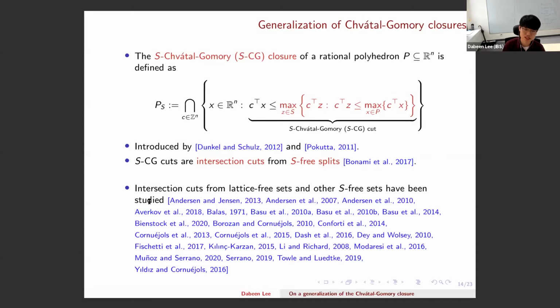I'm just mentioning this to highlight that the derivation of these S-CG cuts was inspired by a lot of these activities on geometric approaches to integer programming. Do we have any questions before I move on to the technical part?